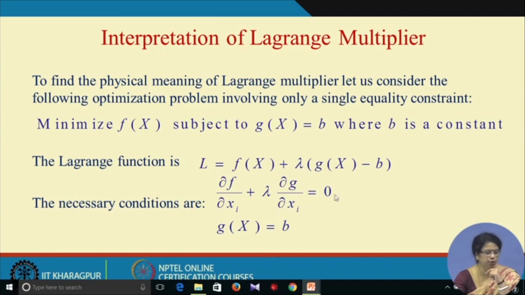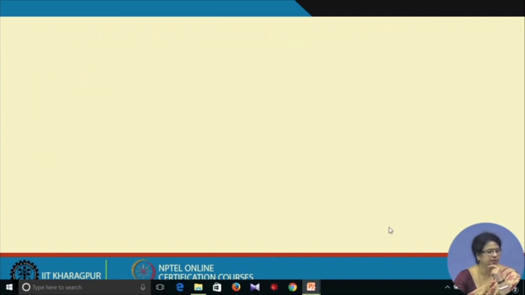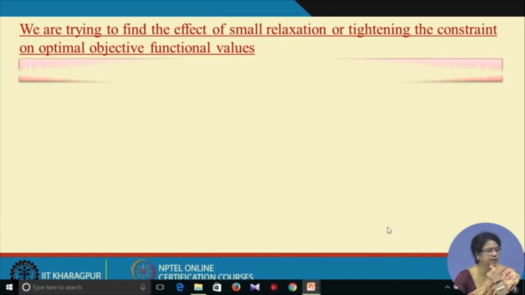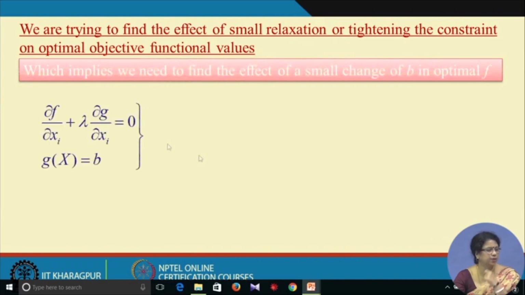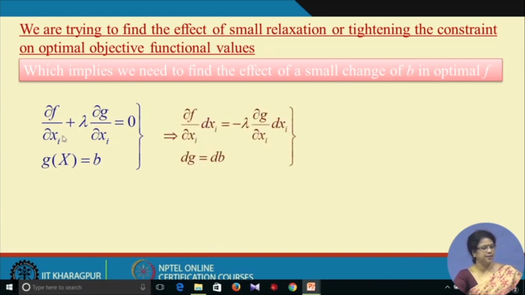For all i, I will do a few calculations from there, just to see what these necessary conditions say. If I multiply by dxi, then we are getting del f by del xi dxi equal to minus lambda del g by del xi dxi. What is the meaning of it? df is equal to minus lambda dg, alright.